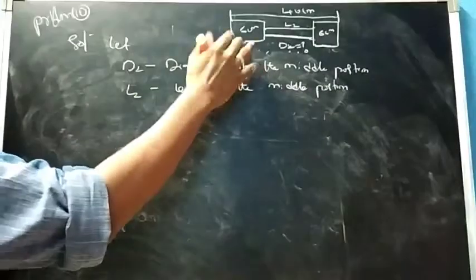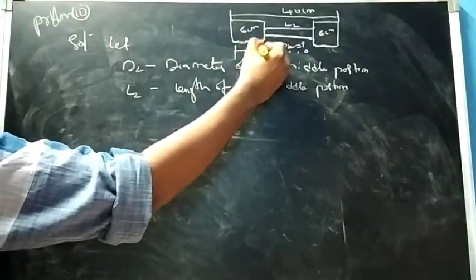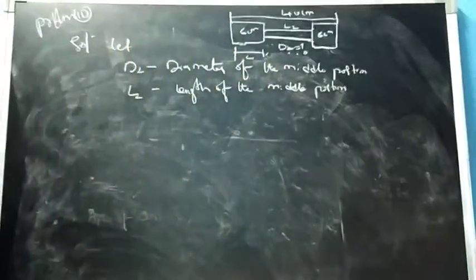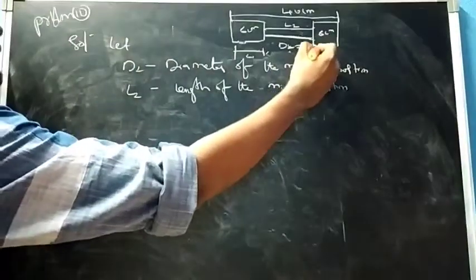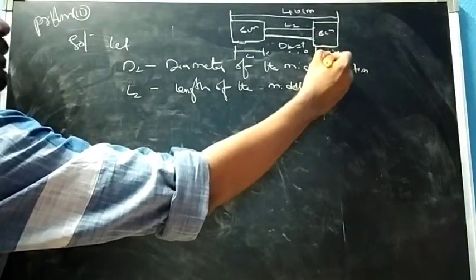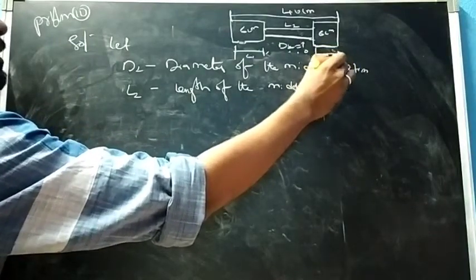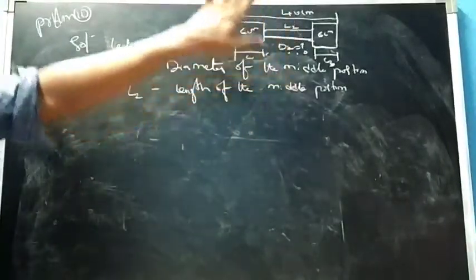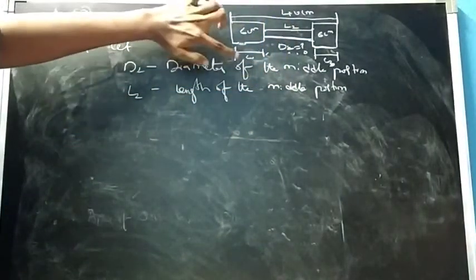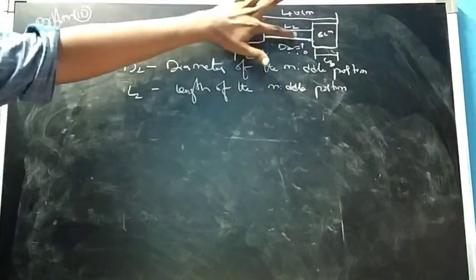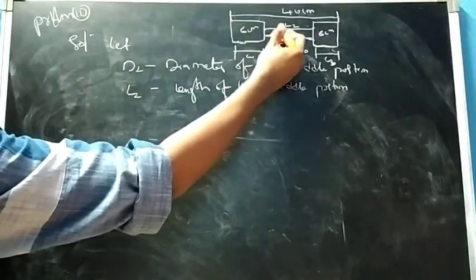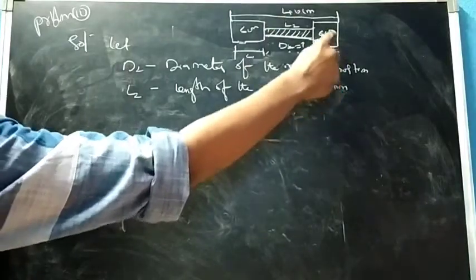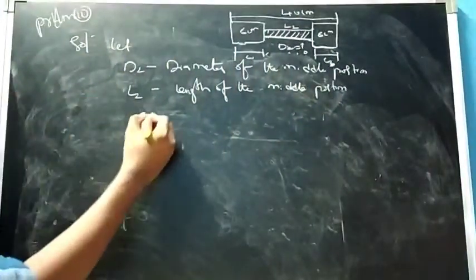So let us consider this as L1 and this portion as L3, because the middle portion we will consider as L2. So let's say for this end L1 and the middle portion, let me highlight it, will be L2 and the last one is L3, right?